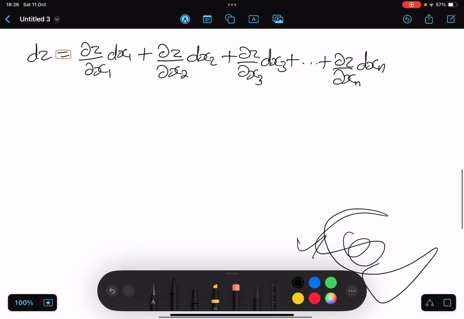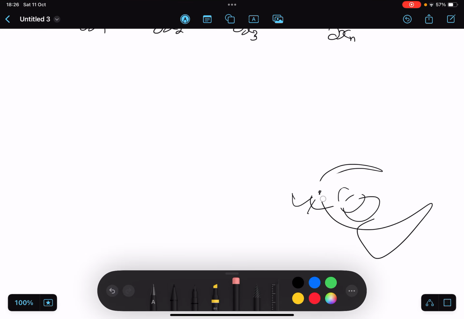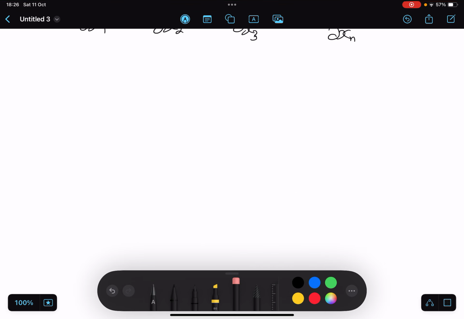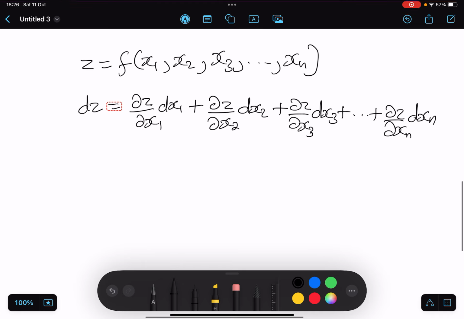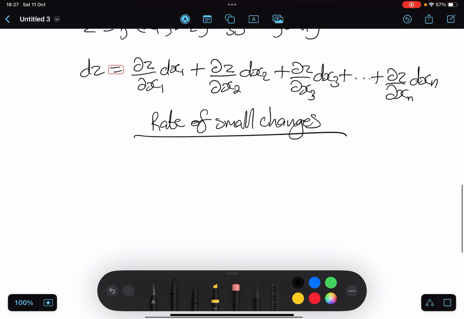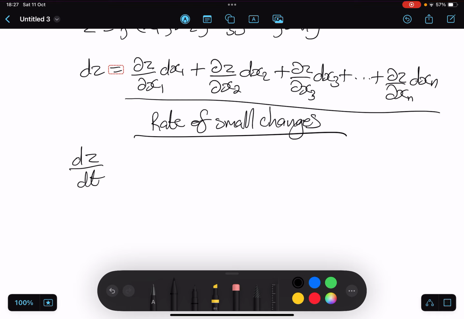Then we can expand this same equation when we are looking at the rate of change for small changes. So now we are introducing time. If you are looking at the rate of small changes, this is going to be dz dt, which means we're dividing all of this by dt.